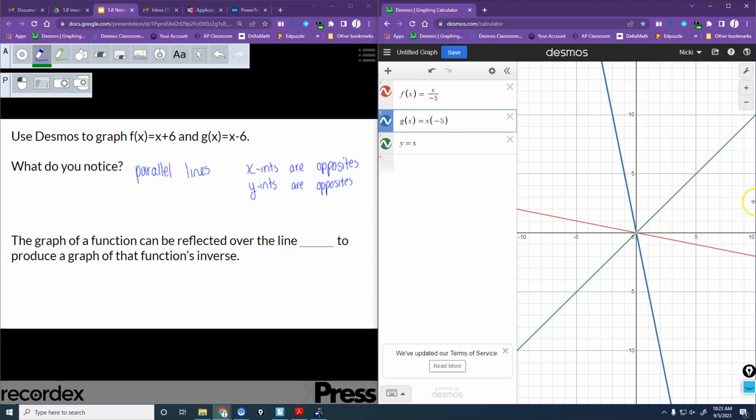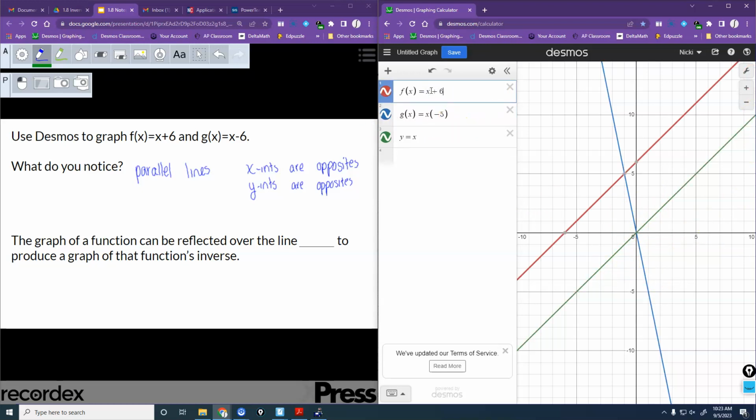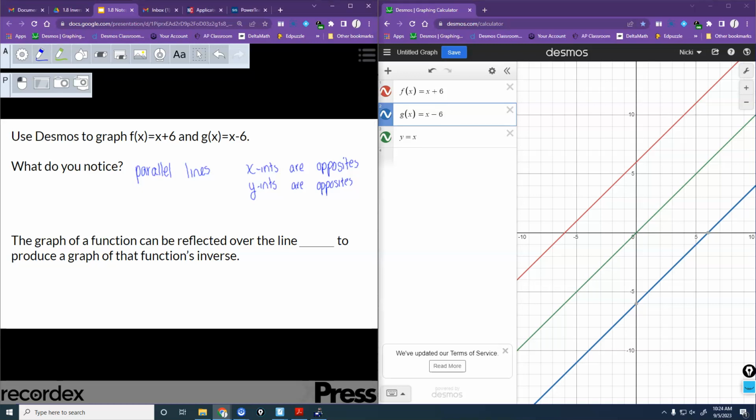Okay, it's still kind of in the middle in a way, right? So what has happened here, let me go back to the original, x plus 6, x minus 6, is the function and its inverse are reflected over the line y equals x.